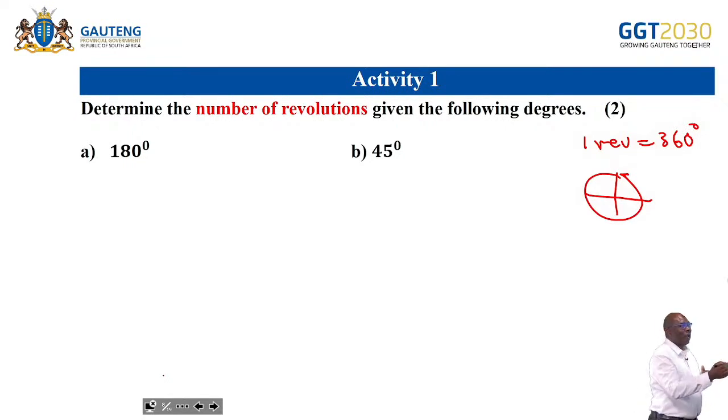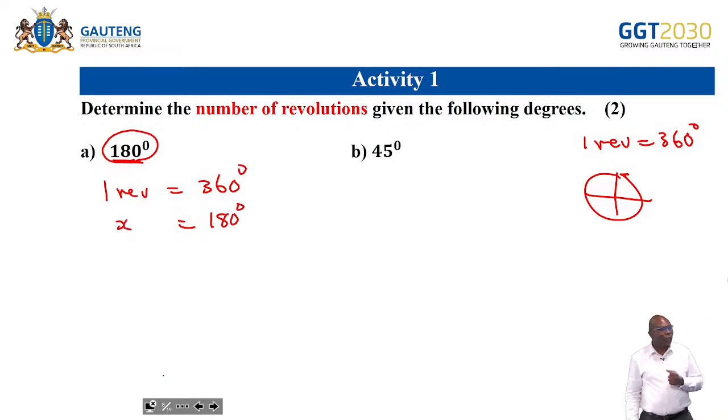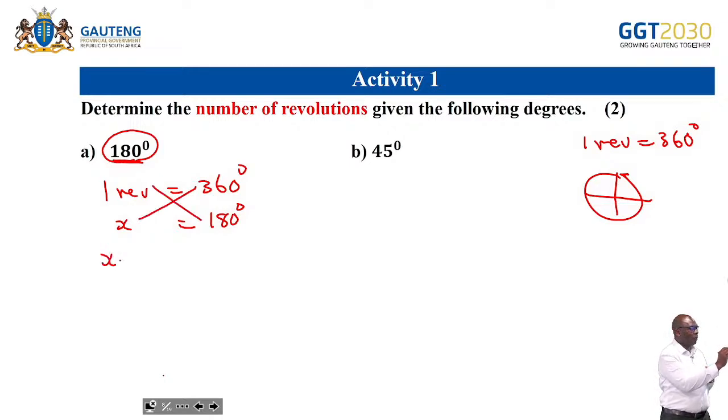Now I need to find how many revolutions I have in 180 degrees. I can see some of you are saying this is easy because that will be half of 360, which is correct. So if I say one revolution equals 360 degrees, and 180 degrees will be X revolutions, I can cross multiply and say X multiplied by 360 equals 180 degrees multiplied by 1.